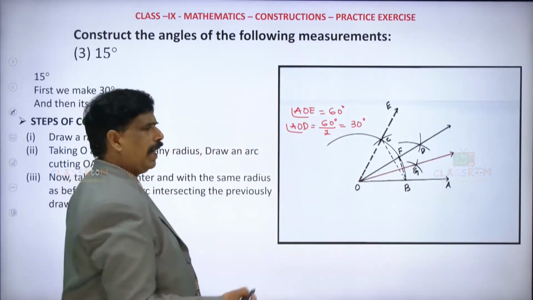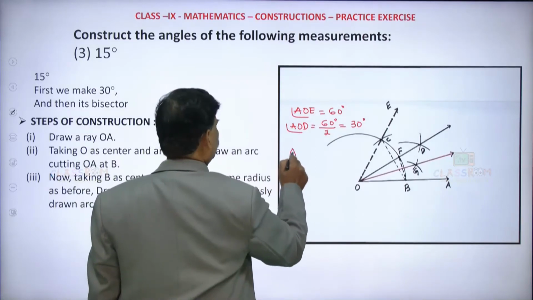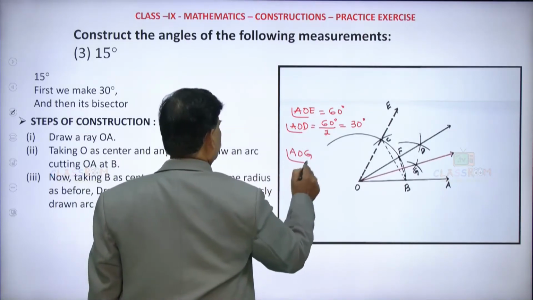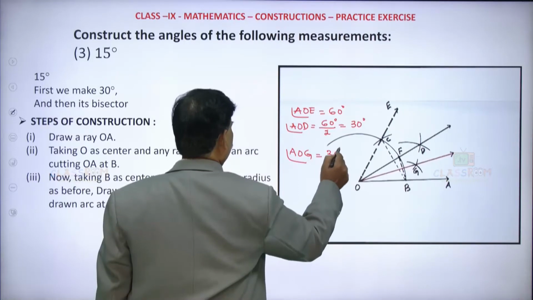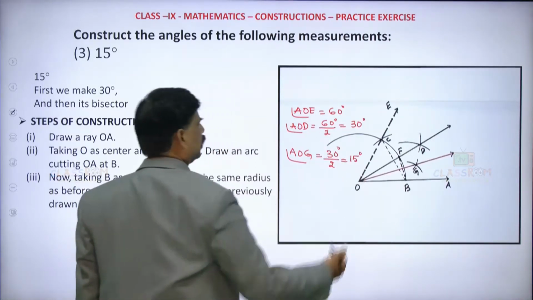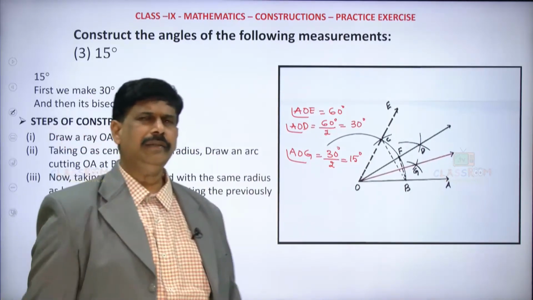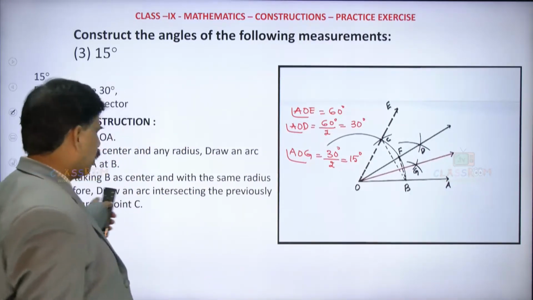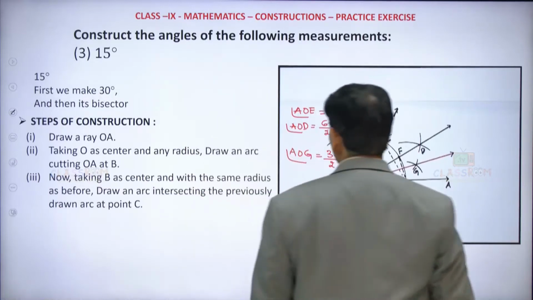So now what will be angle AOG now? Angle AOG will be 30 upon 2. That is equal to 15 degrees. Just bisecting. Clear?